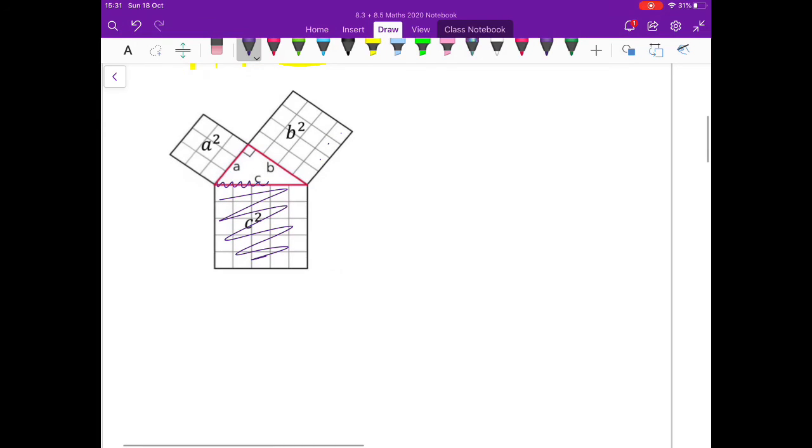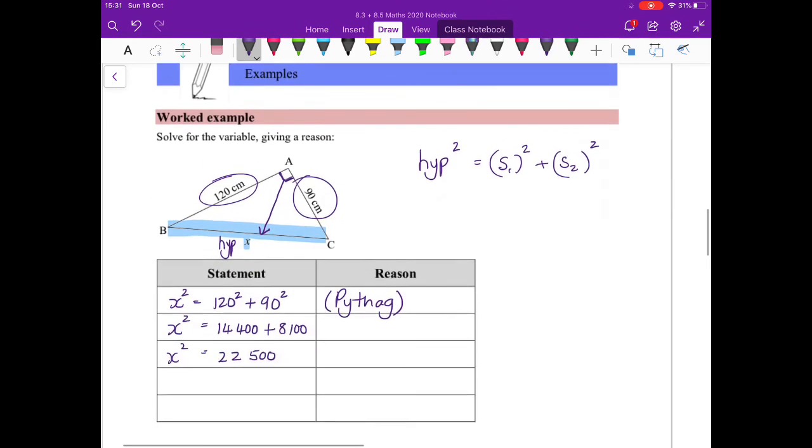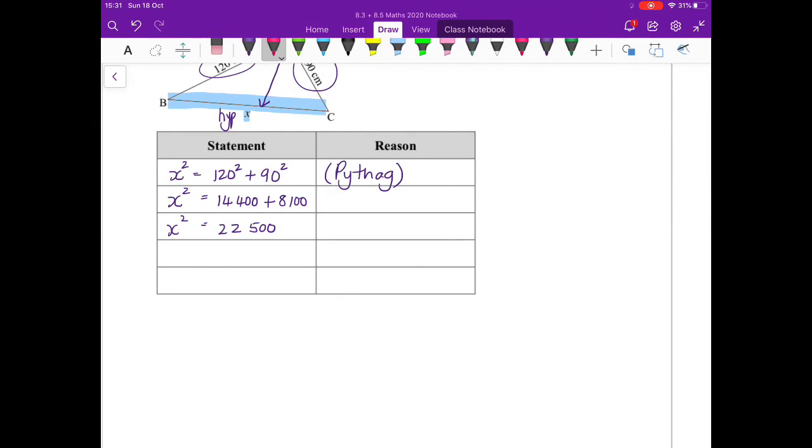And to find the one side, I am going to square root. So what I do is I square root both sides, remember from equations, and I will get x equals 150. And what were they? They were centimeters. Please remember to put your units in.